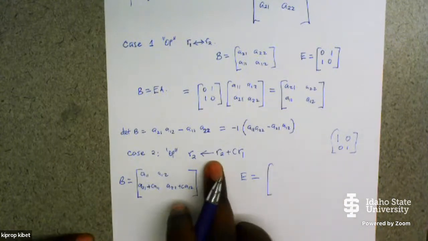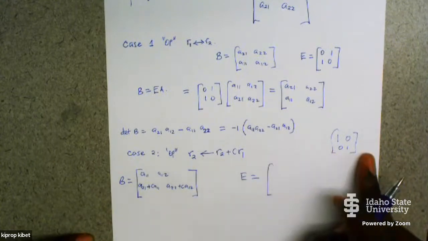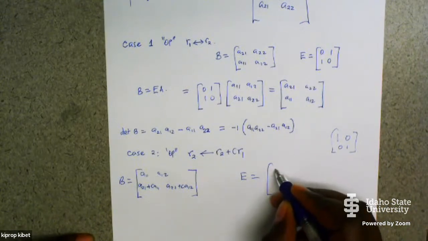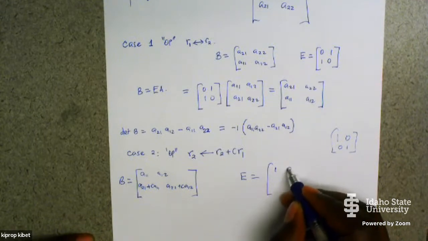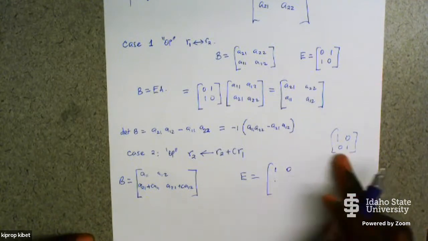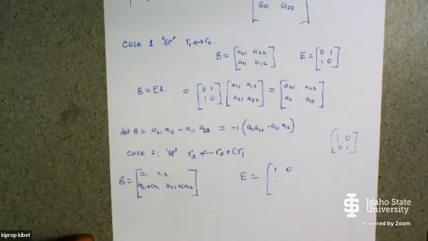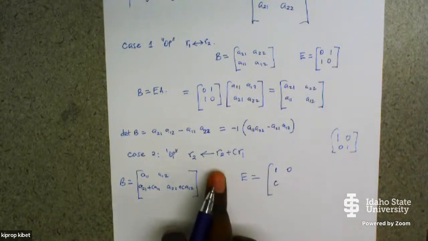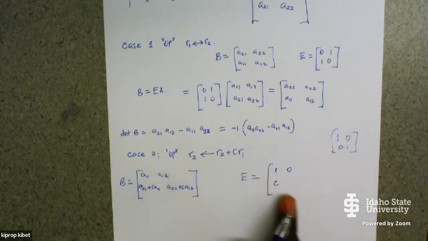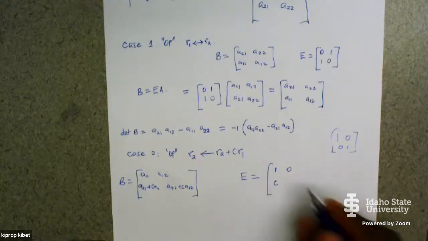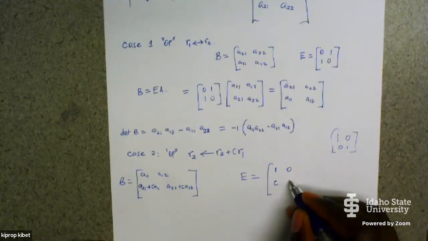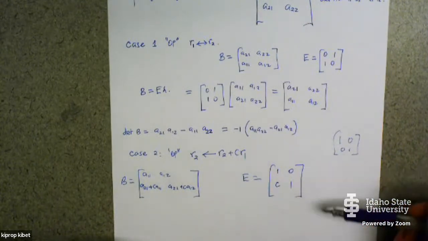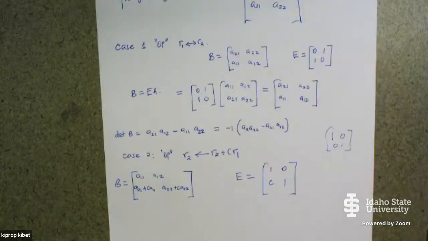Our E in this case is R2 plus C R1. So our E will be 1, 0, and then C, and then the last one is 1. Right? Yes, it is 1.